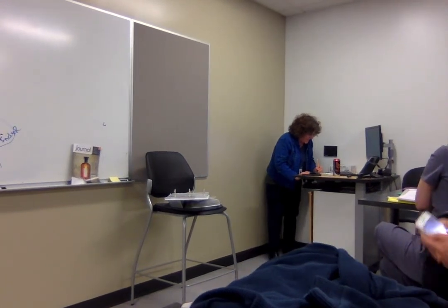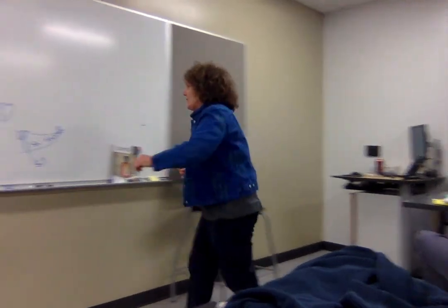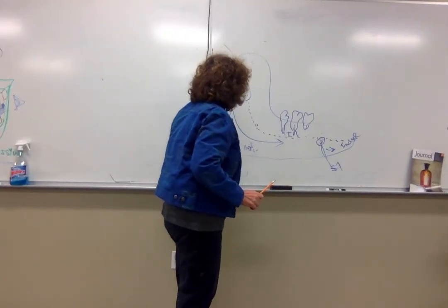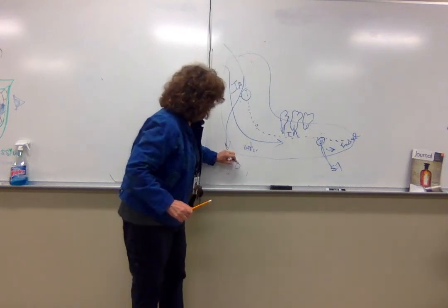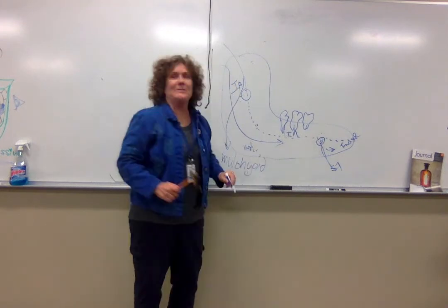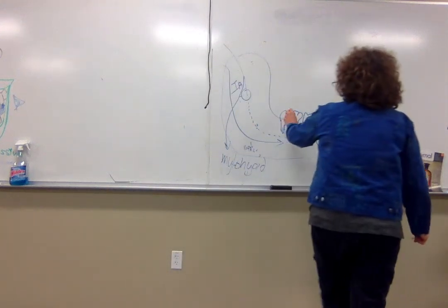Remember that before this branches off, we have this little mylohyoid nerve that's a branch off the IA, and it goes to the mylohyoid muscle, the floor of the mouth. But this one can also take a little branch and go to the first molar.